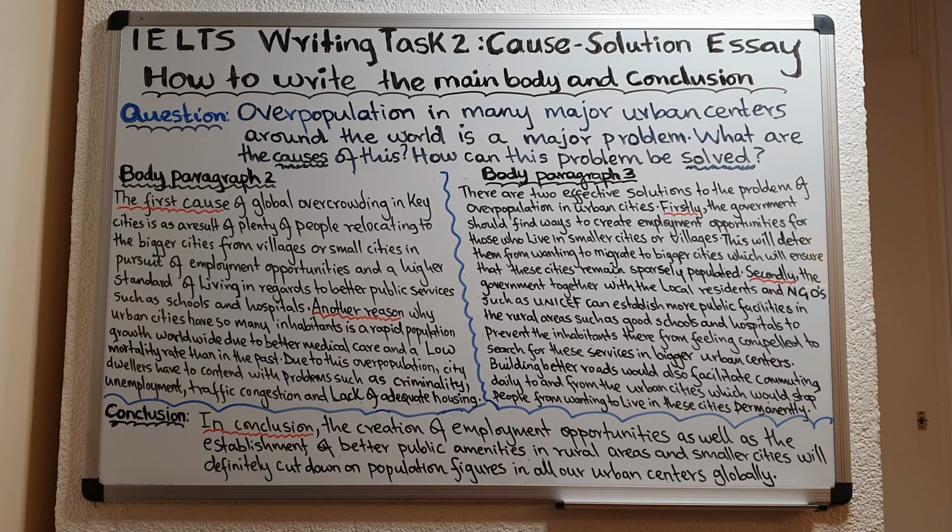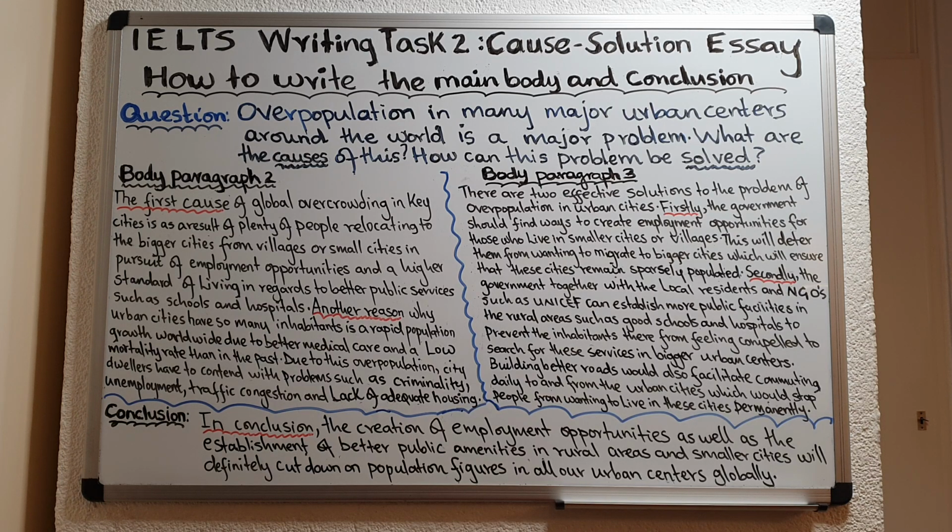Now, how do you begin body paragraph 2? Remember, the question is, what are the causes of this? What is causing the problem of overpopulation? So you need to begin with the first cause, and you need to introduce that with a linking word.